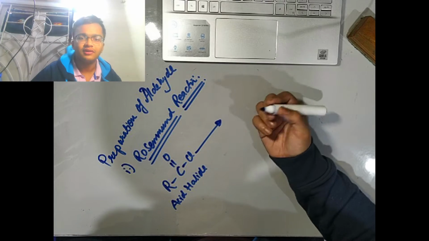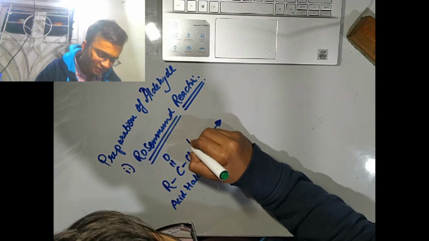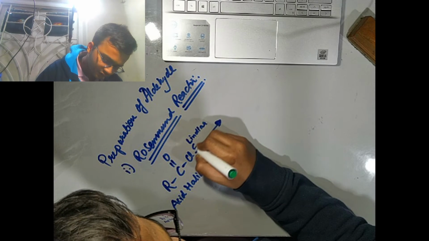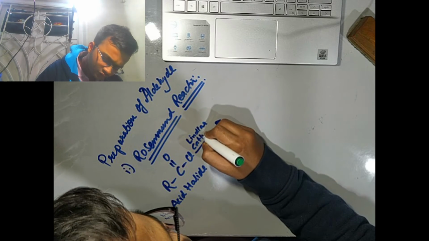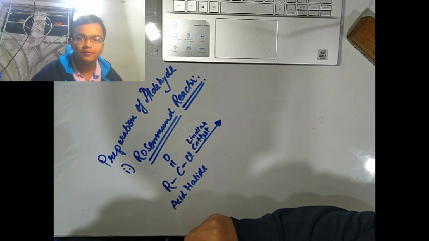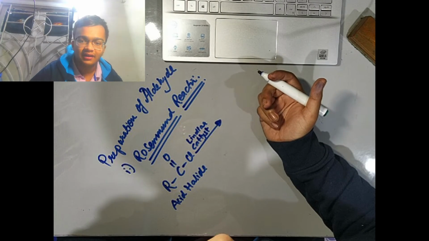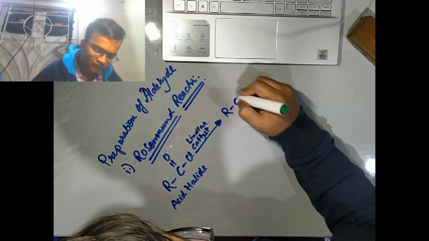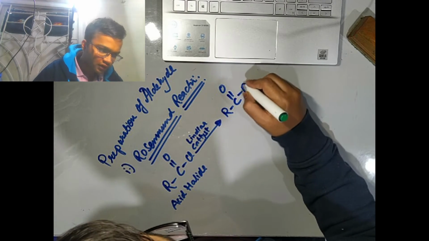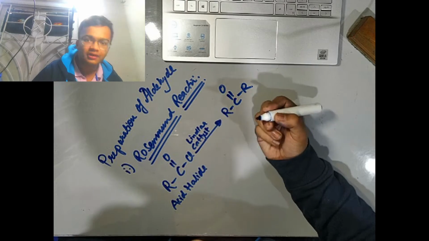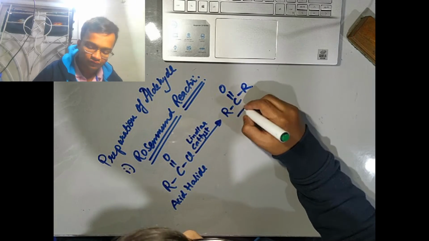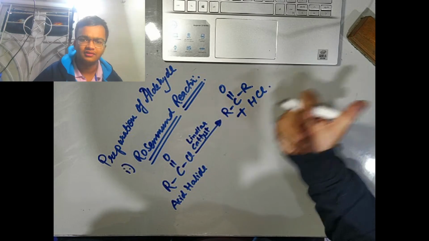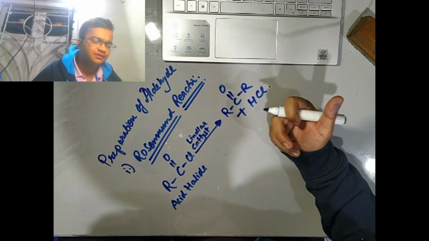When you are treating it with the Lindlar catalyst, it gives the aldehyde R C double bond O H, and this chlorine is coming out with a hydrogen, which is my HCl.